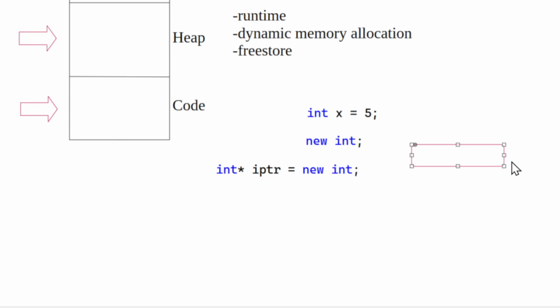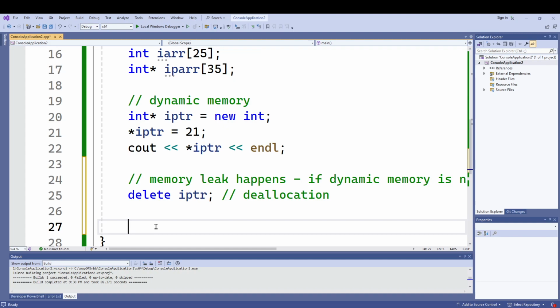Let's say an array of 5 integer values or an array of 10 integer values, right? For that, I need to allocate dynamic memory. Instead of this one data item allocation, I need a multiple data item allocation, or I need to allocate memory which is sufficient to hold multiple data items, right?